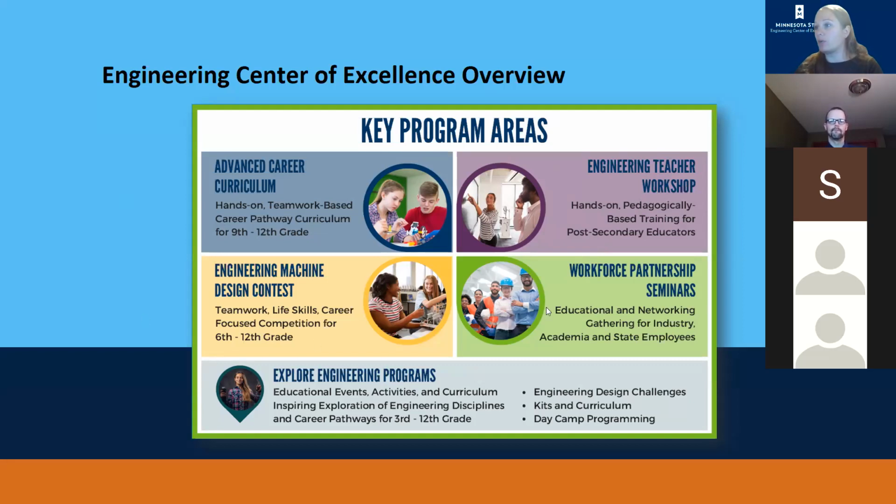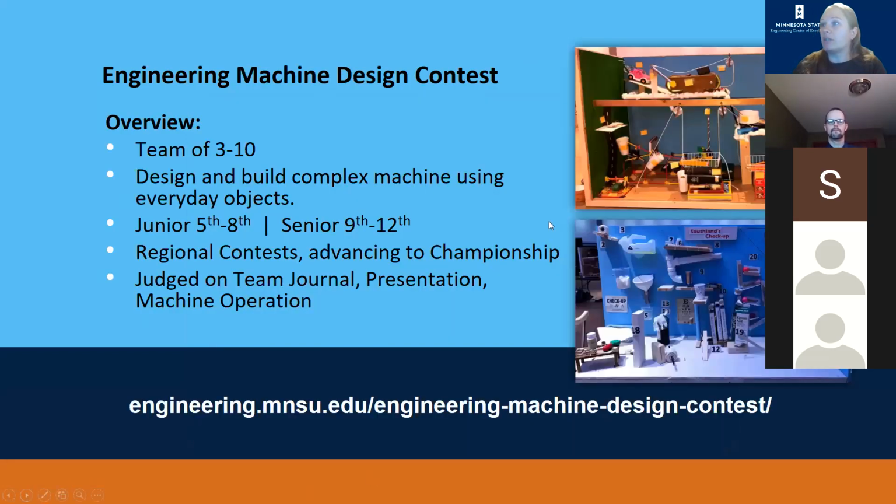But what I really want to share with you quickly is our engineering machine design contest, which, like Mike mentioned, is normally an in-person contest where teams of 3 to 10 students design and build a complex machine using everyday objects. This year we have a virtual twist. This is for middle school and senior grades, so we have it in 2 divisions.